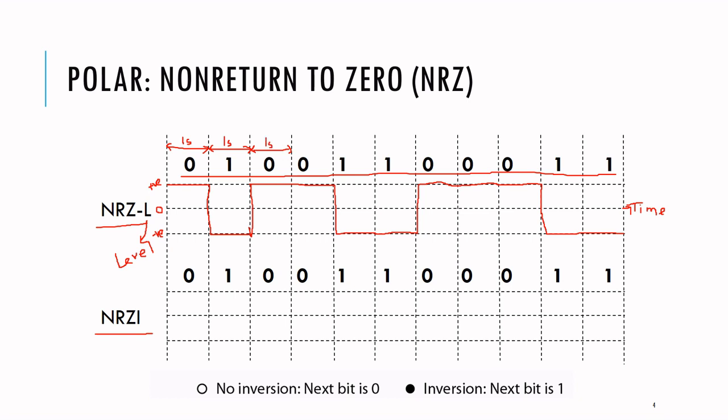All right, and another thing is, see that the signal nowhere touches the 0 axis, right? Because it does not return to 0. Okay, so that was the concept behind NRZ-L. In the second variation, NRZ-I, the I stands for invert.